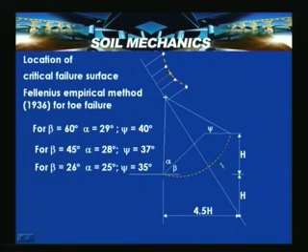Along this slope, if you draw a number of circles, suppose this is center 1, center 2, center 3, center 4, the factor of safety decreases and then increases. The one which gives the lowest factor of safety is the critical one.